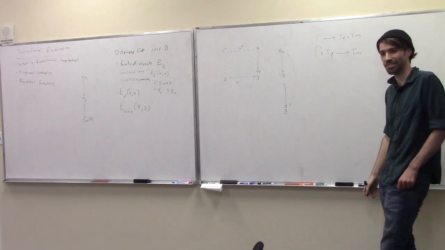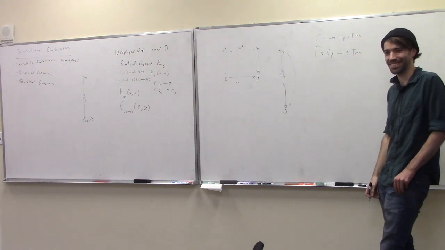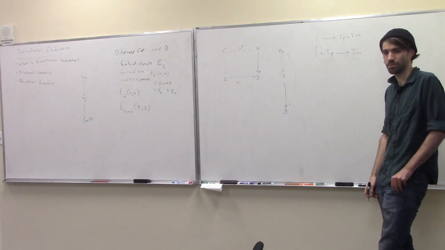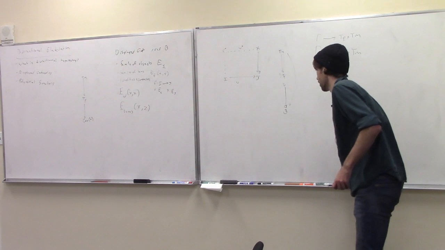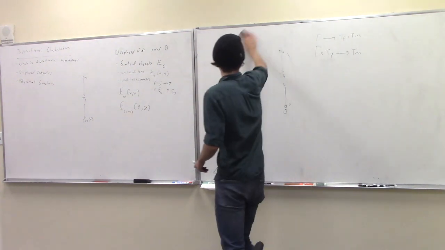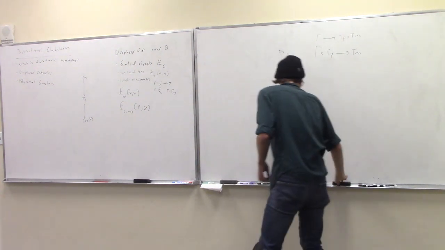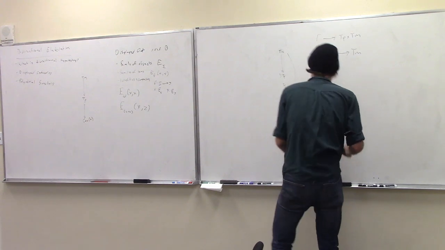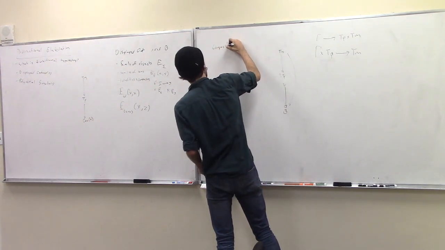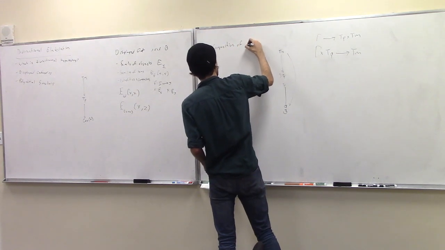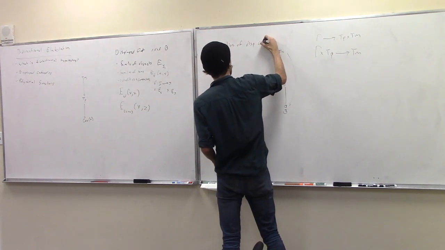Yes. How do you compose those? You have an integral sign over one type. Yeah, I should probably write out the definition of composition. That would probably help. So, composition of displayed cats.